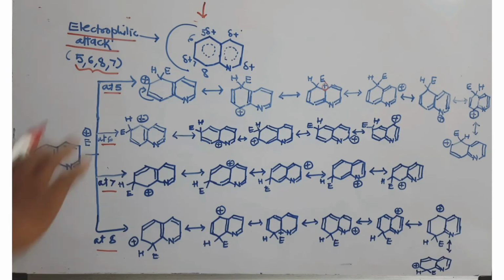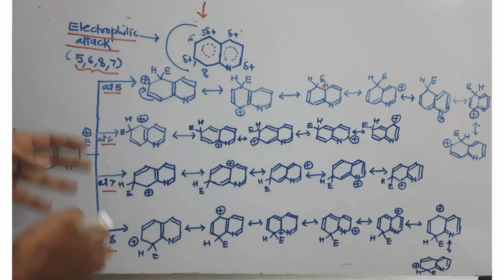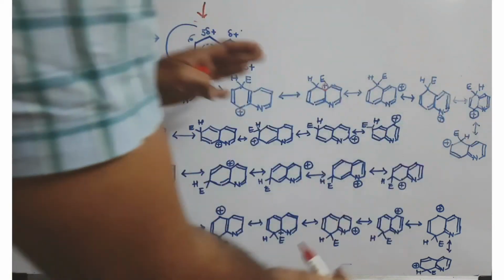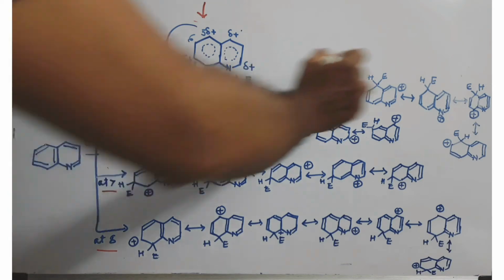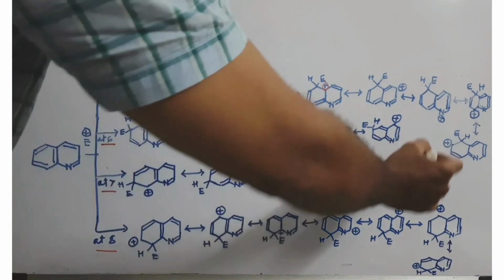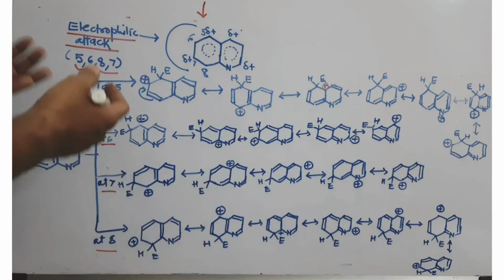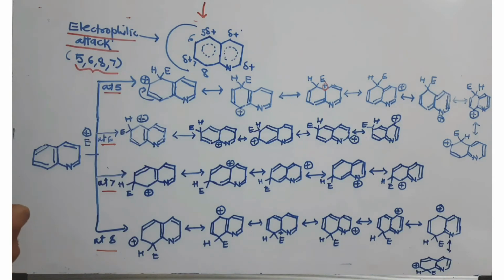So I have shown how to draw resonating structures, and I have drawn the different resonating structures here. For attack number 5 and attack number 8, we get 7 resonating structures, and for attack number 6 and attack number 7, we get 5 resonating structures. If the number of resonating structures is more, the reactive intermediate is more stable.